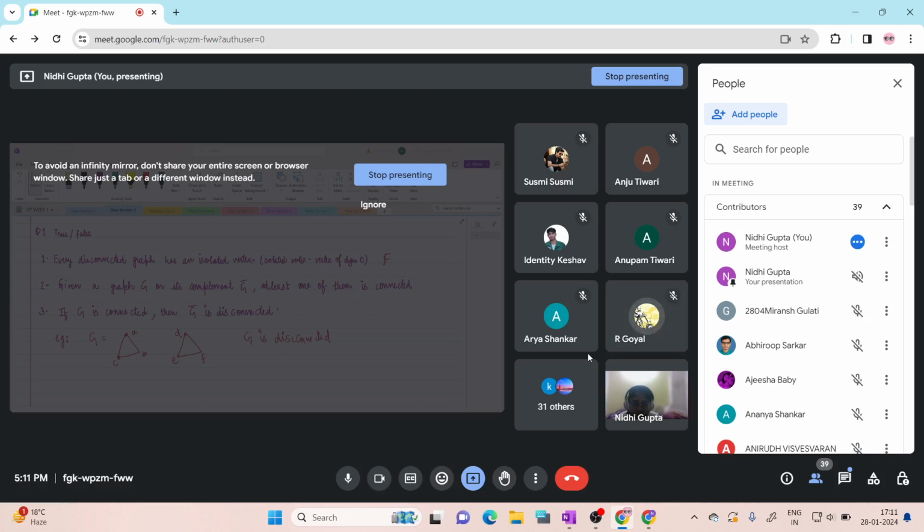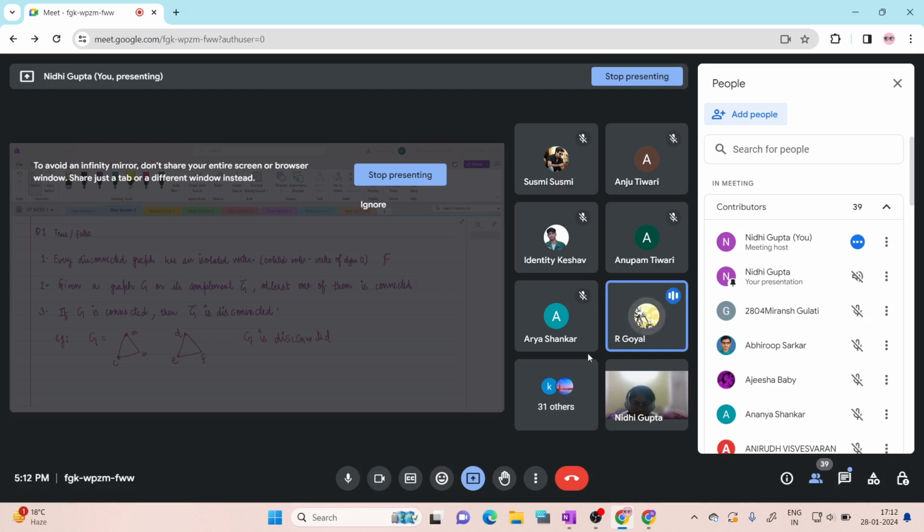Okay, can somebody give me a reason why it is true? Because both are mutually exclusive. If we take the union of G and the complement of G, this would result in a connected graph.